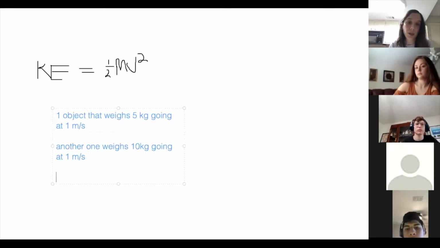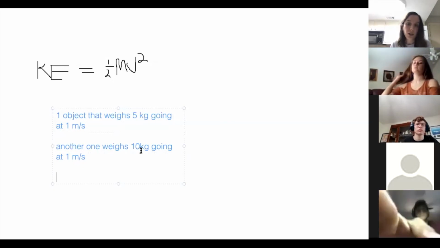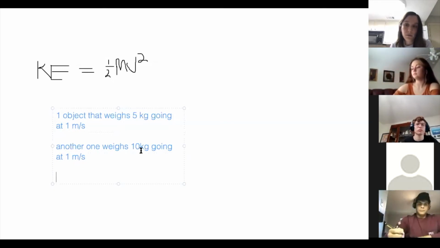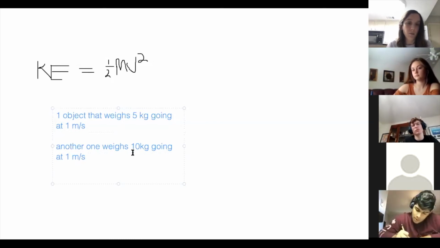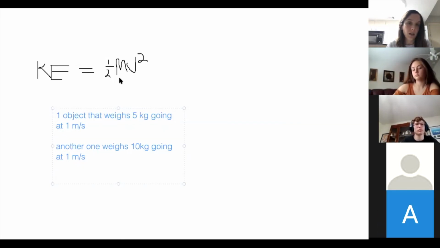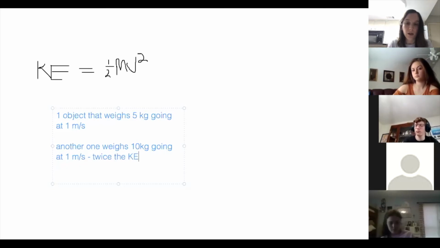So we have two objects. One weighs 5 kilograms, one weighs 10 kilograms, going at the same speed. How do the energies differ? Well, the one that weighs 10 kilograms would be double the energy of the one that weighs 5, because we can see that kinetic energy is related directly to the mass of the object. So this one would have twice the kinetic energy of the first.